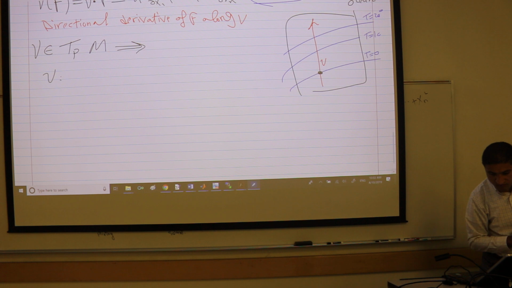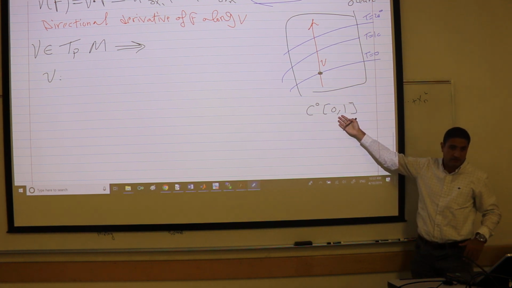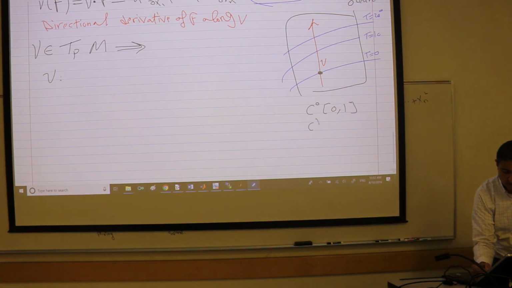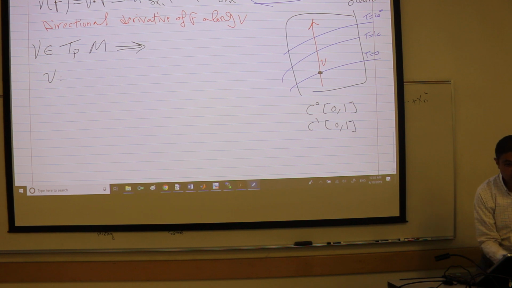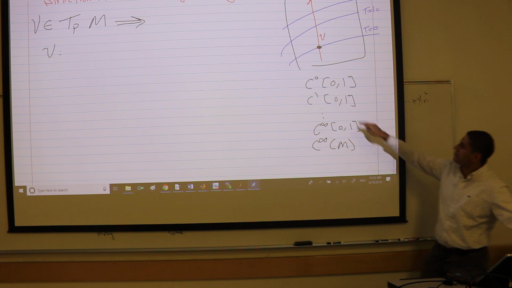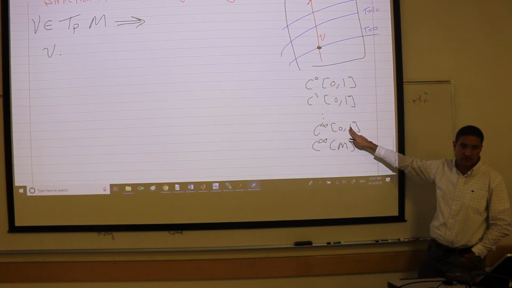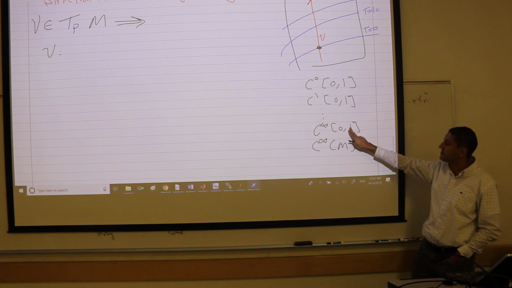I'm reminding you here, we said C^0 on the interval [0,1] is the continuous functions on that interval. C^1 is differentiable functions on this interval. C infinity is infinitely differentiable functions, which we call smooth functions.